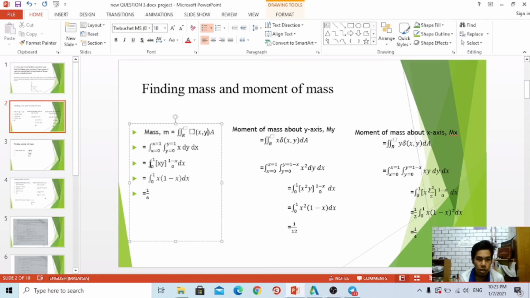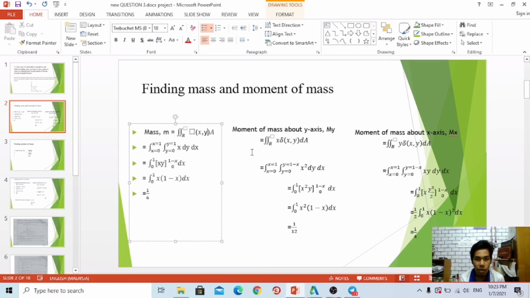Next, we integrate dy, so the integral from 0 to 1 of x(1 minus x) dx, and we got the answer 1 over 6.